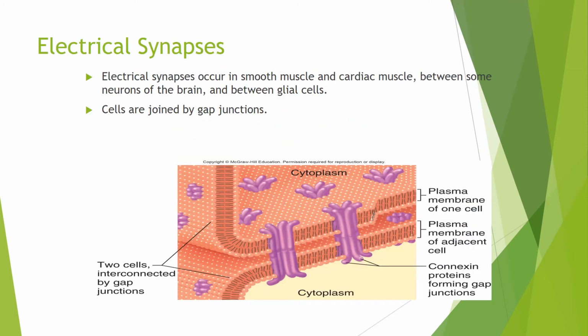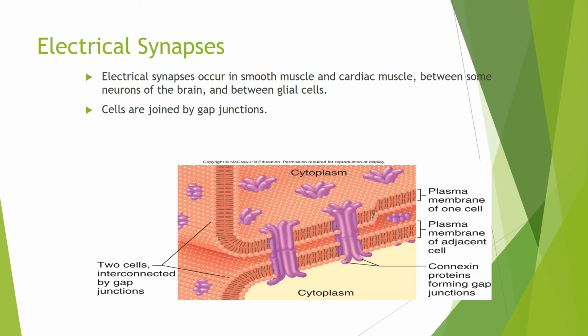With the electrical synapses, these are a lot less common than the chemical synapses. We find this within smooth muscle and cardiac muscle, and also some regions of the brain and between glial cells. The important thing is that these help to contract as a unit.